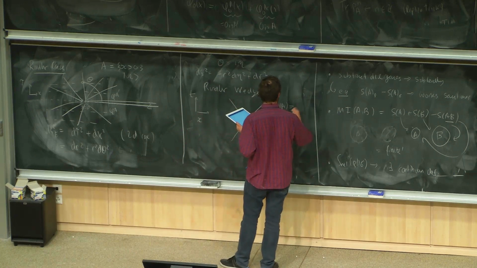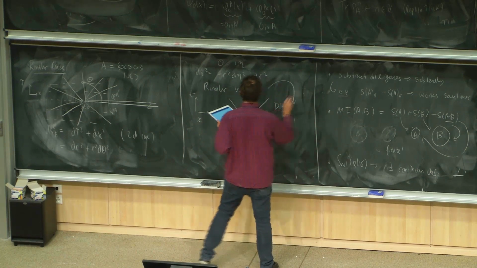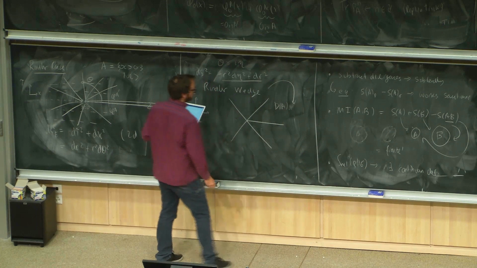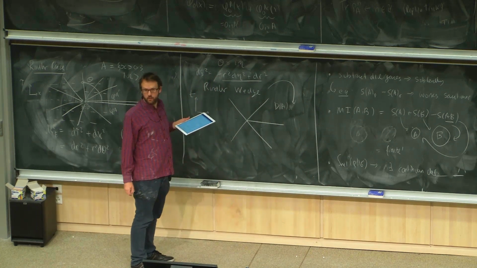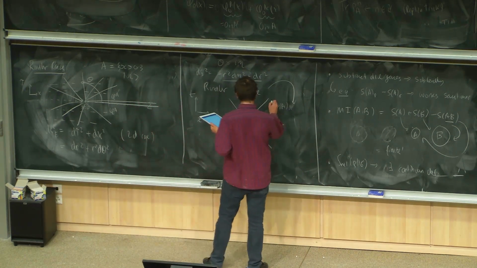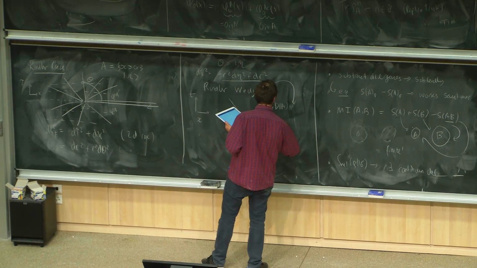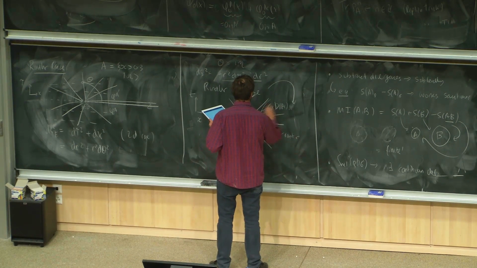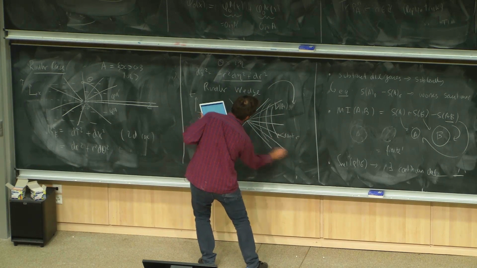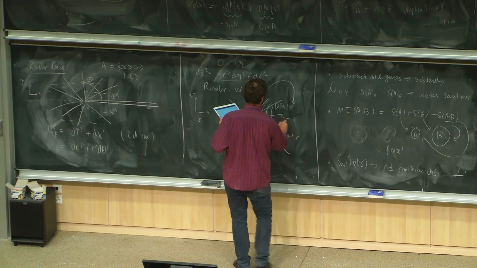This coordinate system covers the Rindler wedge. I can draw lines of constant r like this, and these are lines of fixed eta, like this.